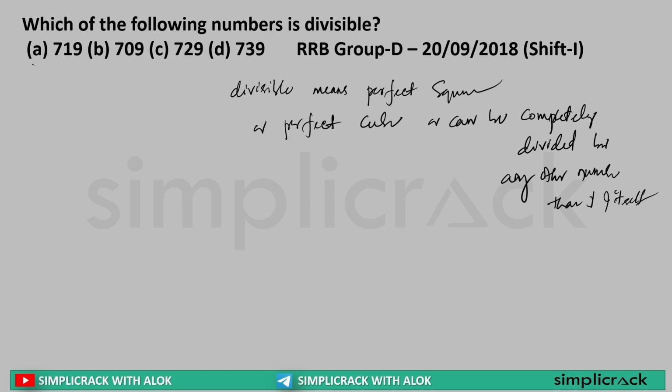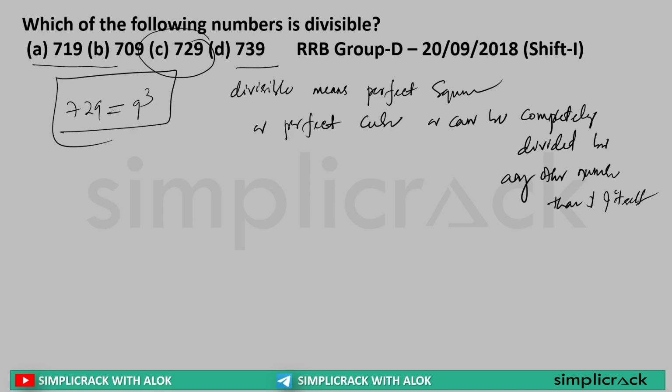So if you check all these numbers, you will directly see that 729 is the cube of what? 9 cube. So this is completely divisible. So C is the right answer.